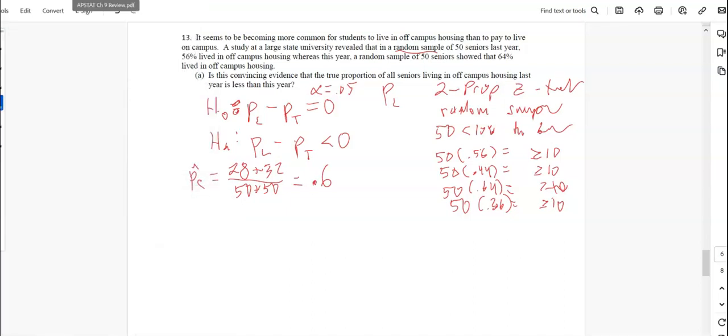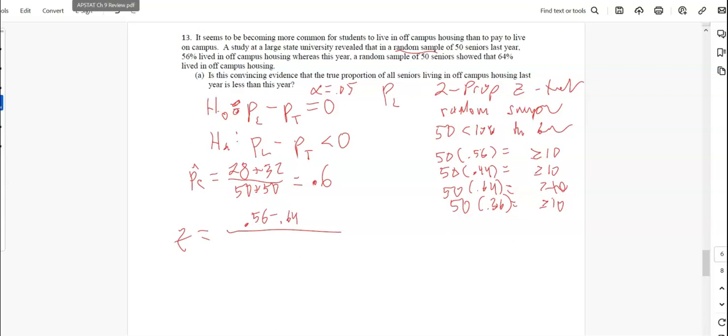Okay, so we're going to use that in the calculations here. So z is a monster here. The numerator is going to be p-hat of L, 0.56, minus 0.64.